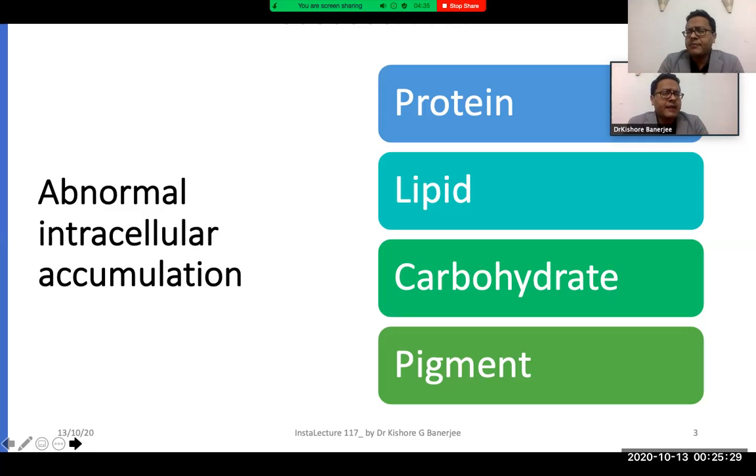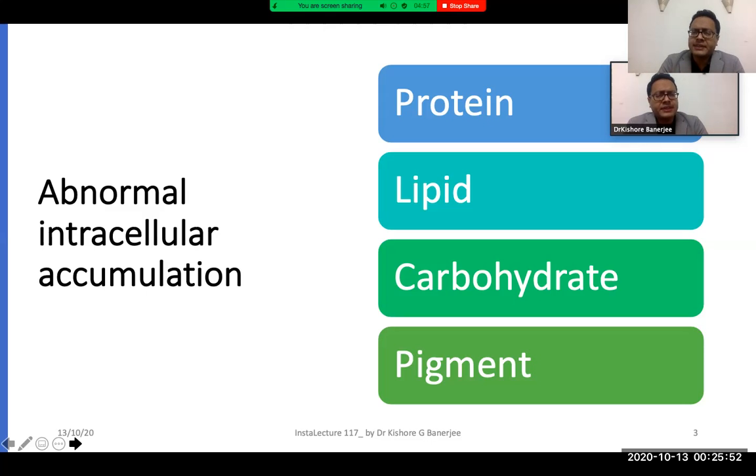Lipid accumulation, an abnormal amount of triglyceride accumulation, leads to fatty liver, steatosis. Abnormal accumulation of lipid inside smooth muscle cells or in macrophages, which are called foam cells, could lead to atherosclerosis.